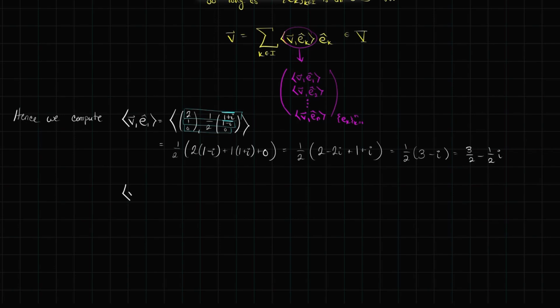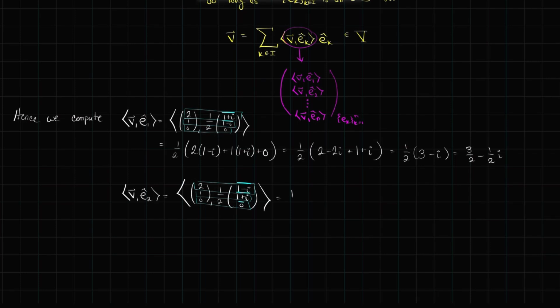My second entry will be V against E hat 2, which is the inner product of (2, 1, 0) against 1/2 (1 minus i, 1 plus i, 0), and I'll read horizontally across again. And remember my complex conjugate.